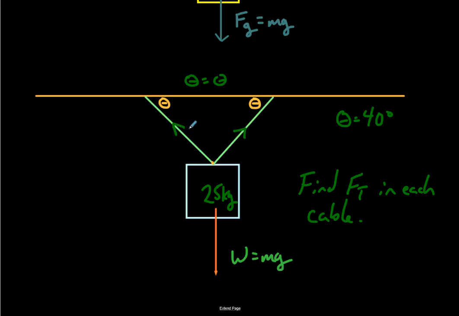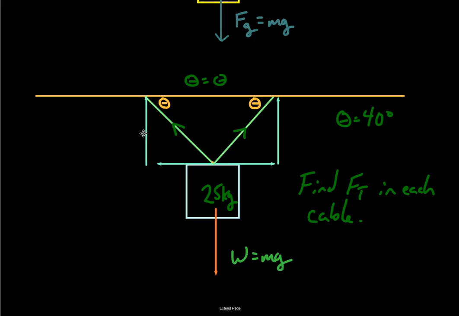They're pulling upwards in this direction. And then we could think that there must be some components of these things. So we've got a leftward and a rightward component of this, and then we've got an upward component and an upward component.